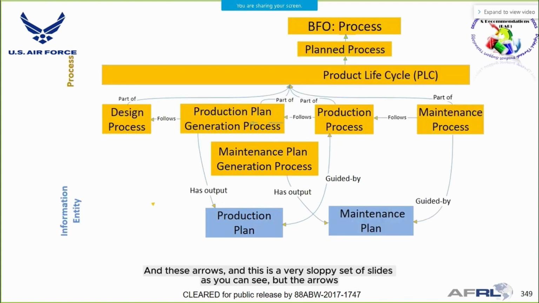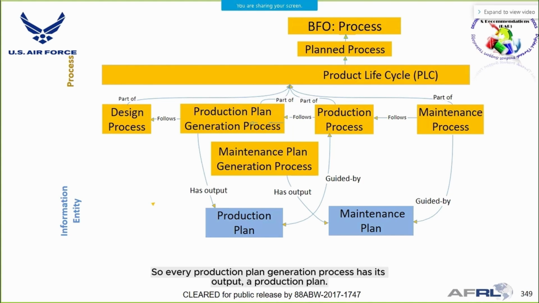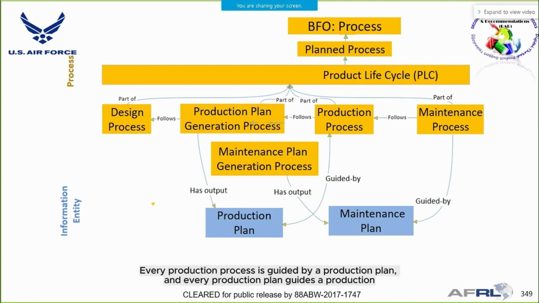And these arrows, and this is a very sloppy set of slides, as you can see, but the arrows are all pointing in the direction of the all-some rule. So every production plan generation process has as its output a production plan. Every production process is guided by a production plan, and every production plan guides a production process.